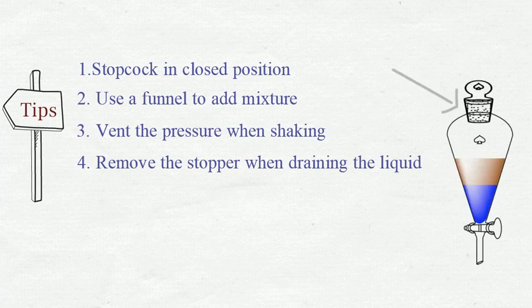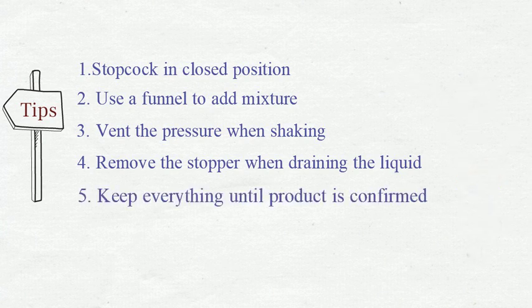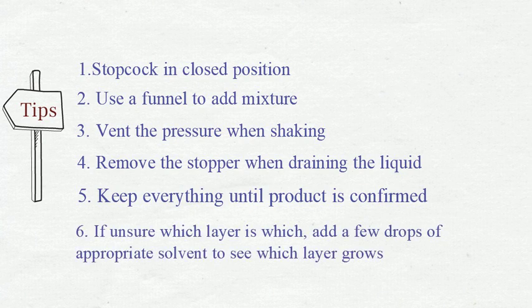Remove the stopper while waiting for the layers to separate and when you want to drain liquid. 5. Keep all the liquids until you have confirmed you have the desired compound. 6. If unsure which layer is which, just add a few drops of appropriate solvent to see which layer grows.